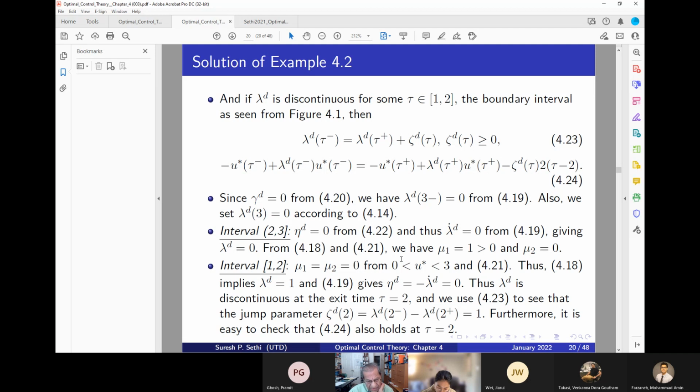How did we say lambda d is discontinuous at tau equal to 2? Tau equal to 2, we are here.